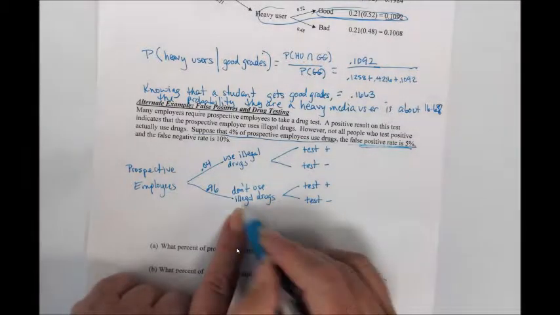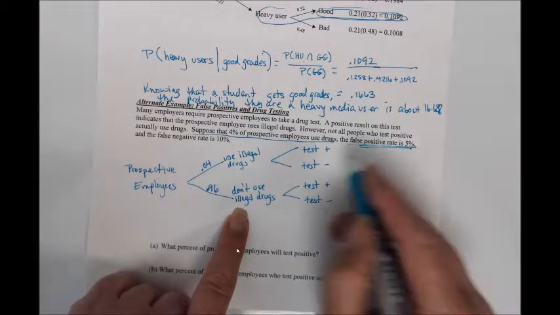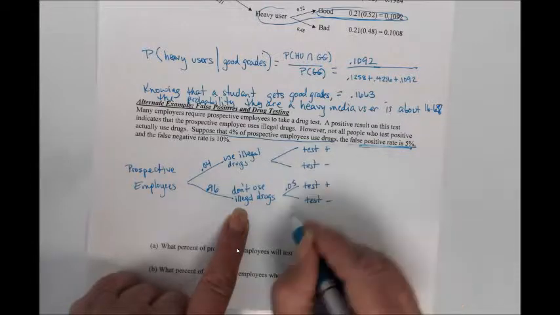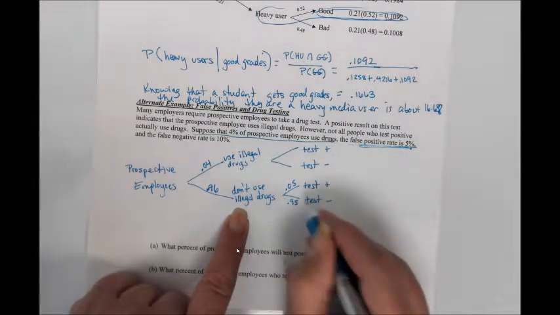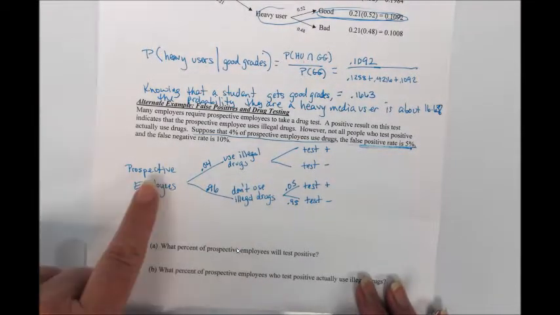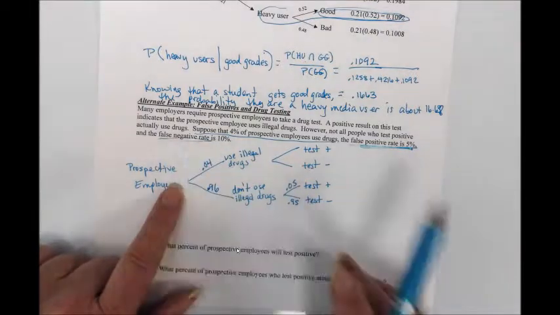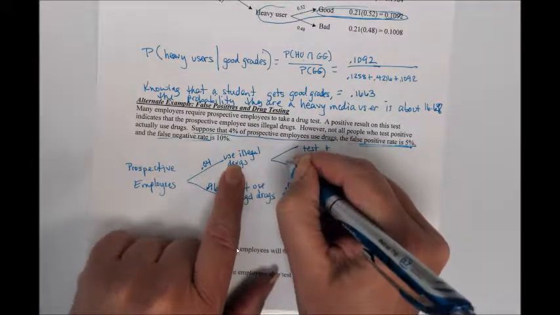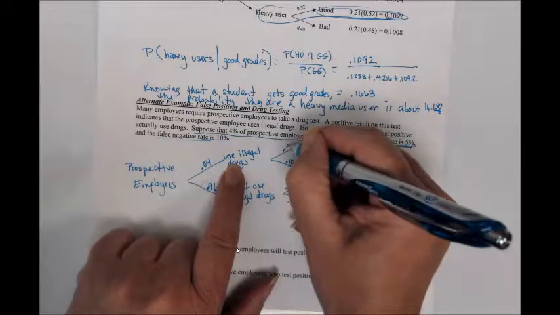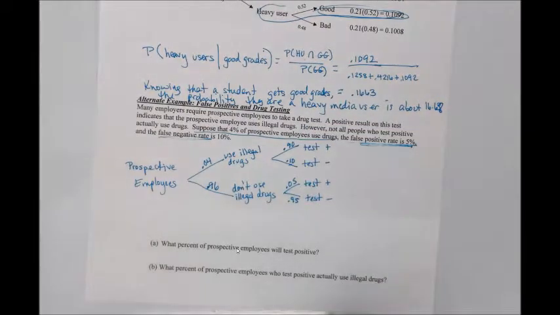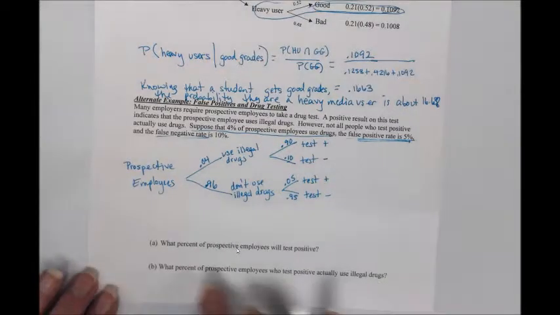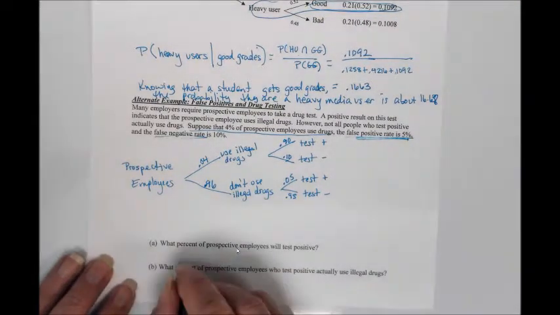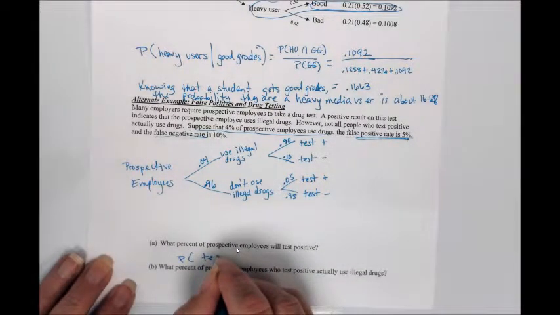So the don't use drugs testing positive is 5%, so that means 95% will test negative. And then the false negative rate, that means they use drugs but test negative, is 10%, so that means 90% test positive.